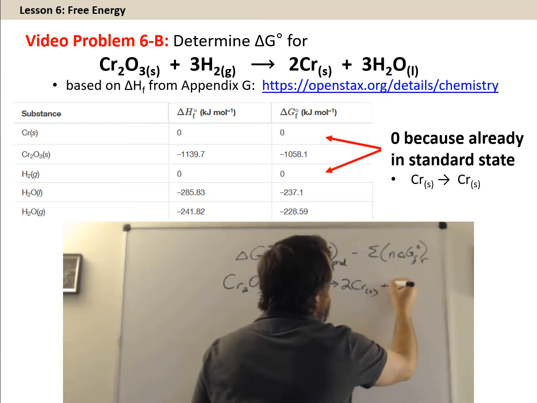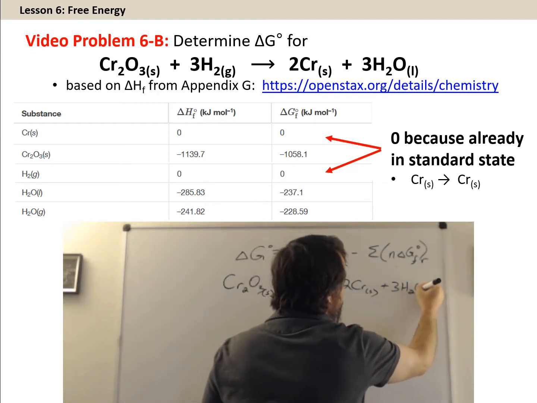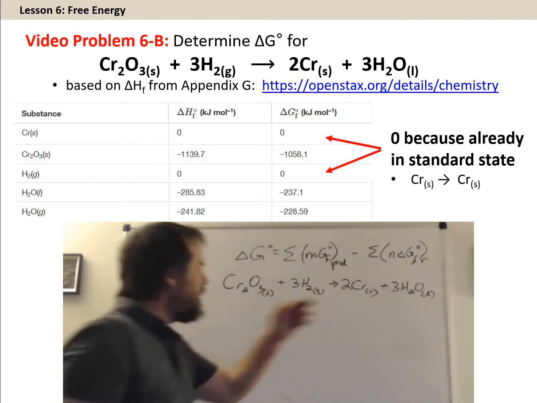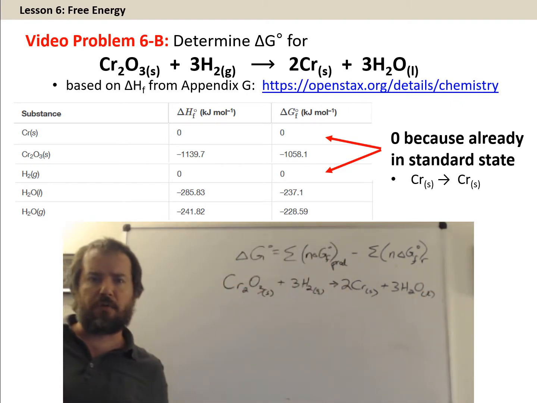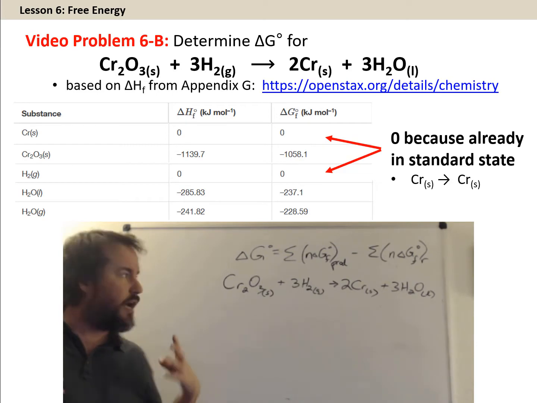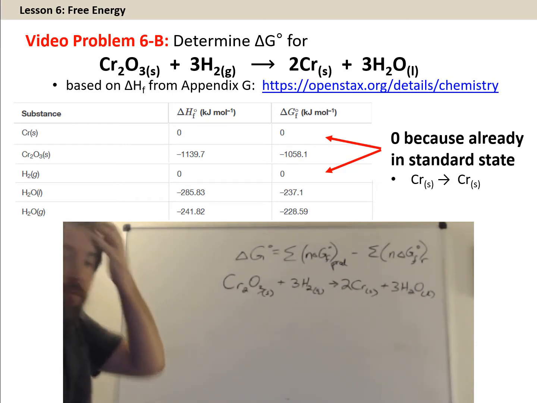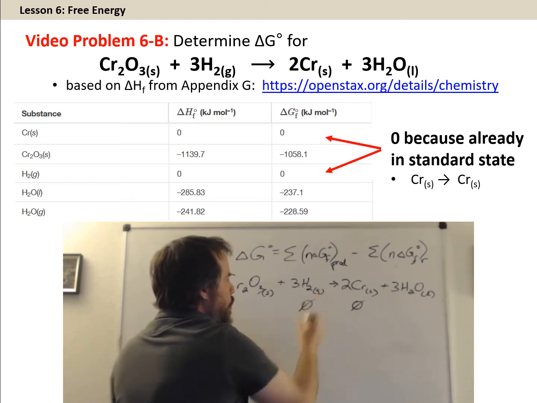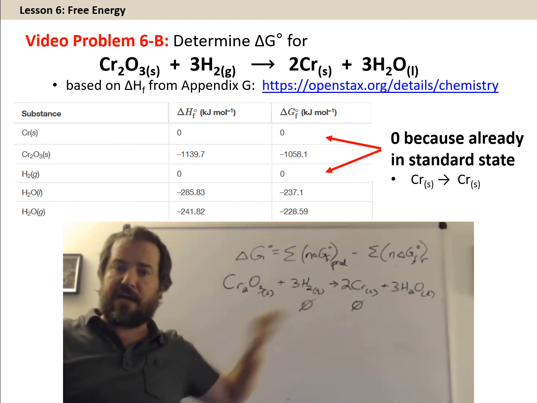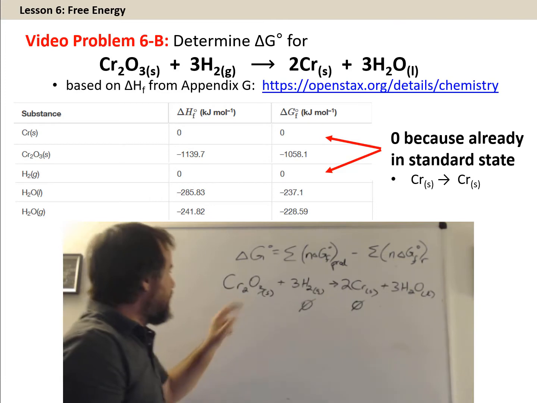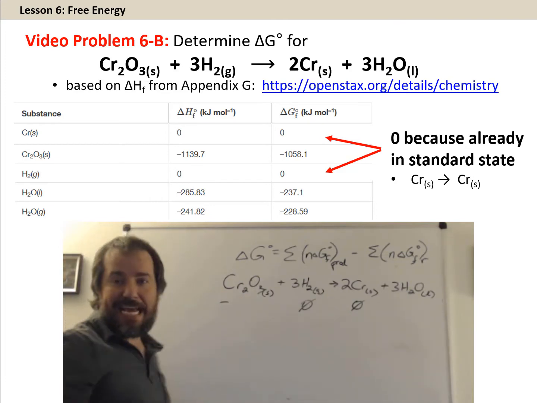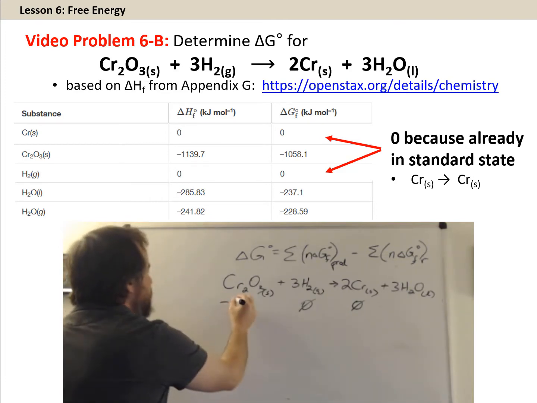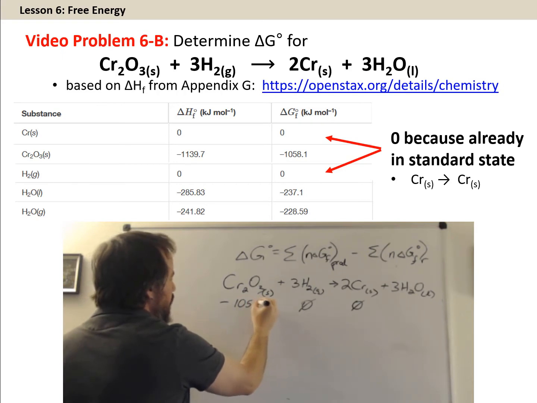So this is plus 3H2O liquid. They're already on the screen, and I gave them to you in the problem. So we have 0 for this, 0 for this. Why? Because these are in their standard states. The Cr2O3 is negative 1058.1.